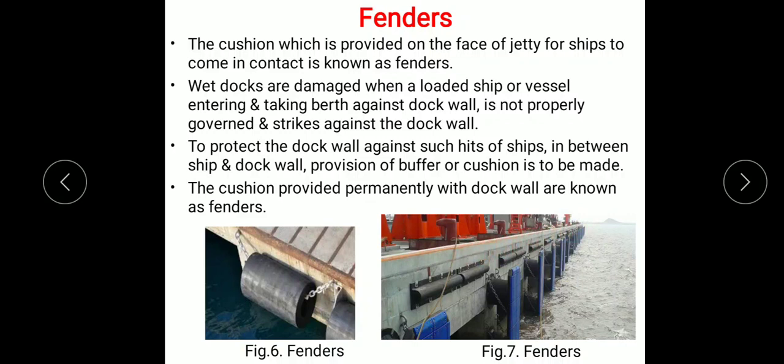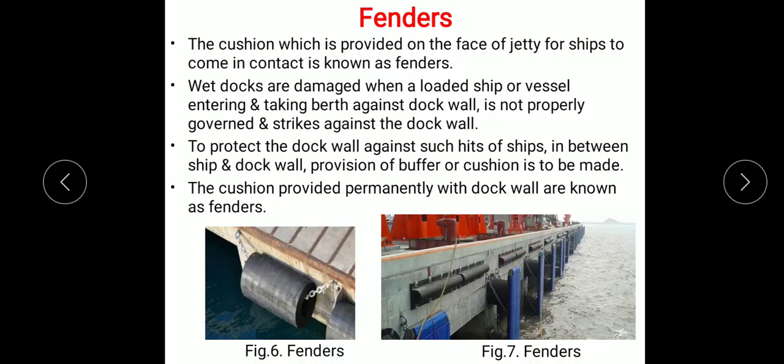Because of the wave current or wave action, this quay wall or wet dock may get damaged, and to protect the dock wall against such hits of ships, a provision of buffer or cushion is to be made in between ship and dock wall.